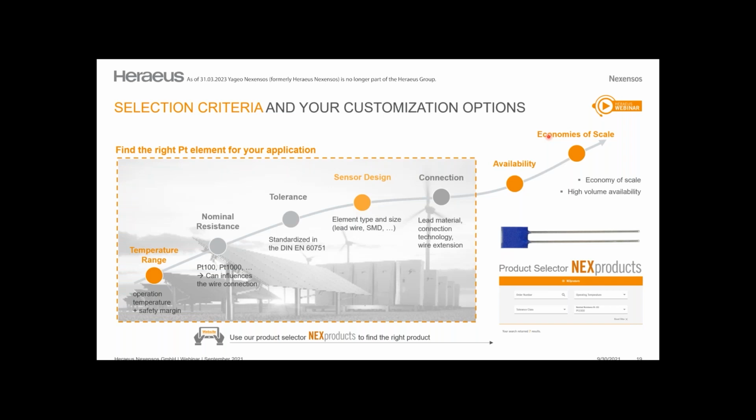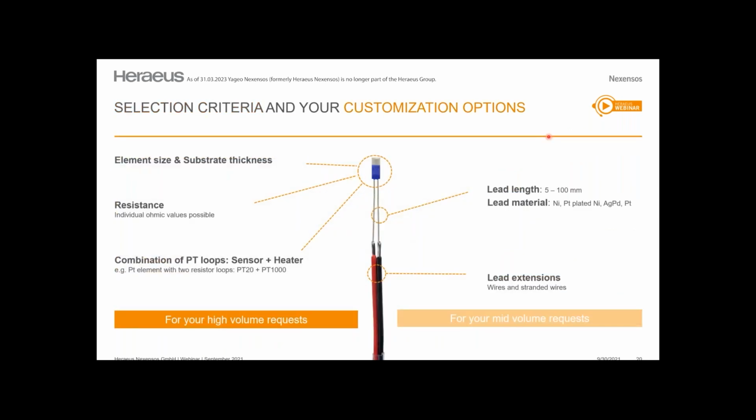Right, if you would not find in our selection the standard part you're looking for, we can give you customization options. That's shown on the next page. Here on the left side, you see that we can customize the element size and the substrate thickness.